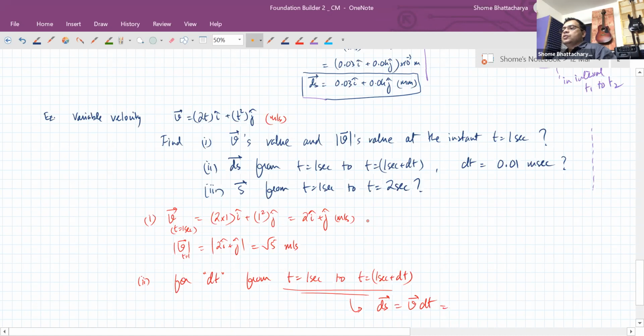So the instantaneous velocity we just saw, at that moment it is 2 i cap plus j cap. And that small interval of time, this dt, is given to us to be 0.01 millisecond. That's given in the question. So that is 0.01 into 10 raised to the power minus 3 seconds.